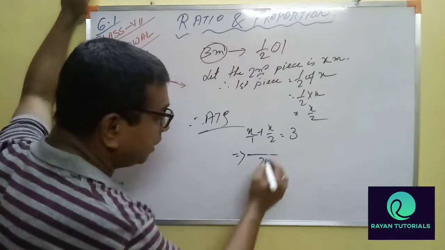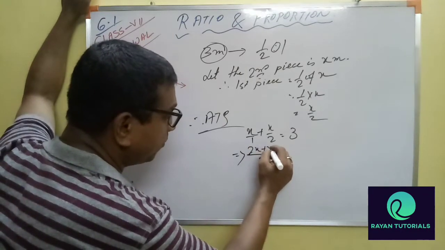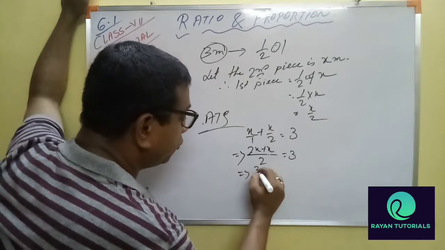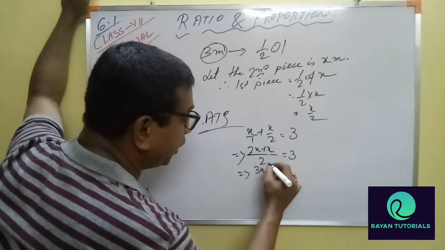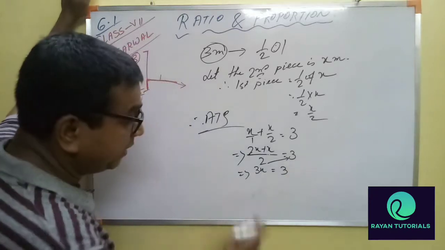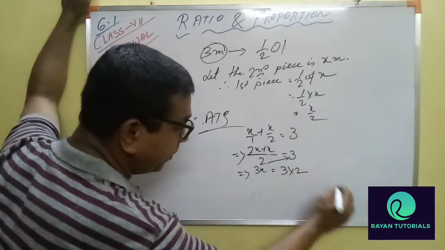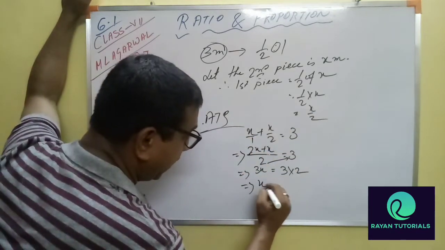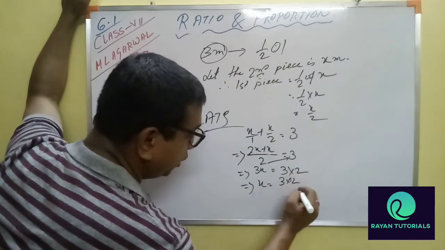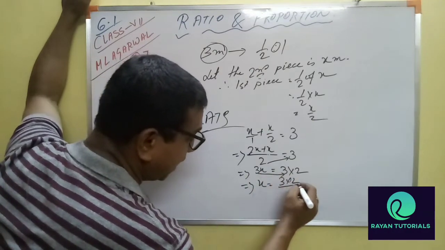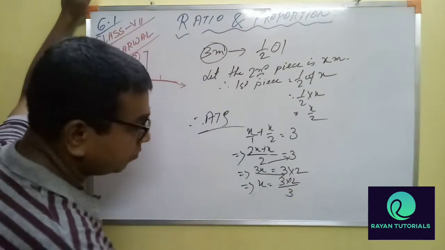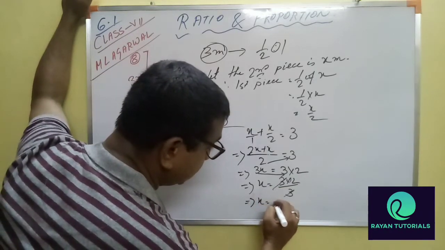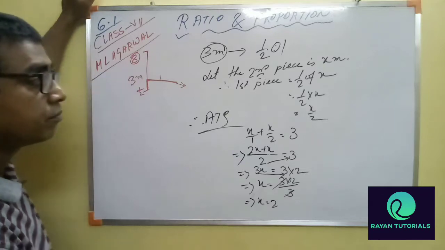Now do the LCM. 2, this is 1, this is 2x plus x is equals to 3, or 3x is equals to 6 over 2, that is x is equals to 3 into 2 by 3. The 2 if you take this side, here it is divided, so here it will be multiplied, just opposite. This 3, if you take this side, it will come down, 3 gets cancelled, so x is equals to 2.